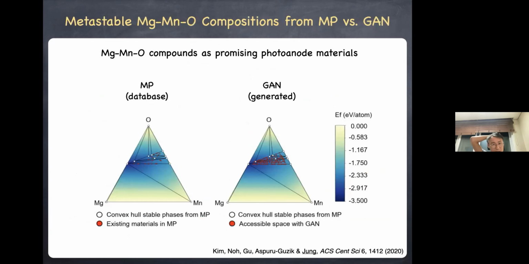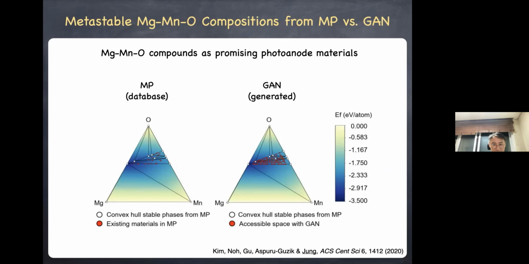We then extended this model and explored the ternary compound space instead of binary. In this case, we also used a GAN, to be precise, a WGAN, instead of a variational autoencoder. On the left-hand side, I'm showing you the phase diagram of the magnesium manganese oxide ternary compound space.